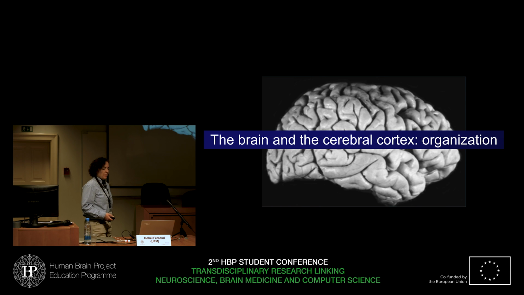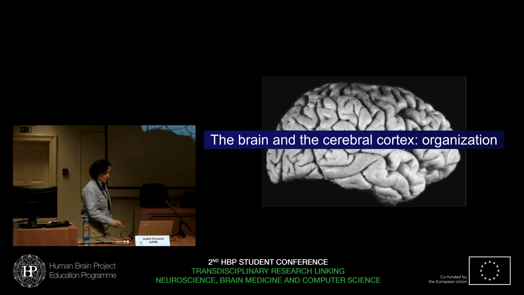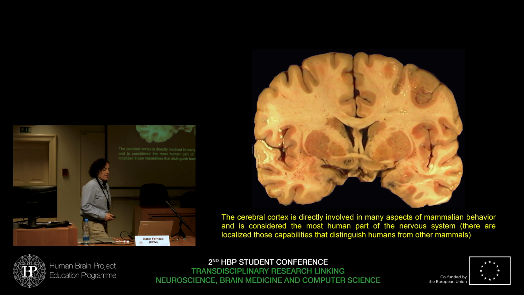So let's start by talking about our focus of interest, that is the brain, and more specifically the cerebral cortex. The cerebral cortex is the outer part of the brain, and it's directly involved in many aspects of mammalian behavior. And it's considered to be the part where most of our human behavior resides.